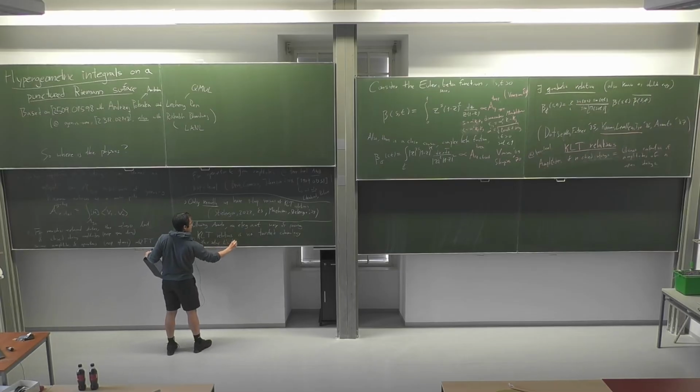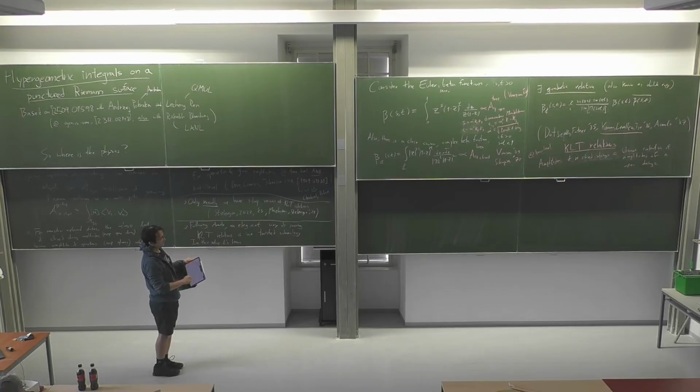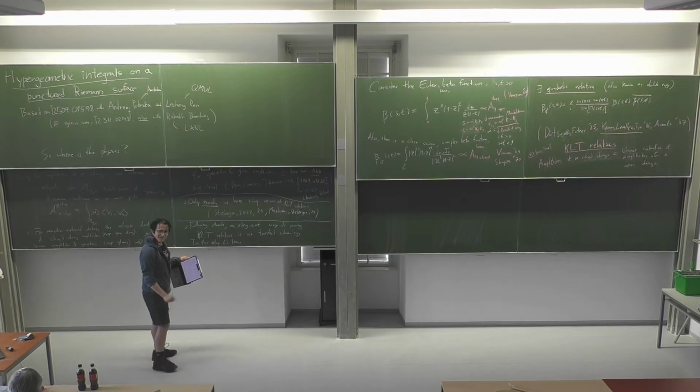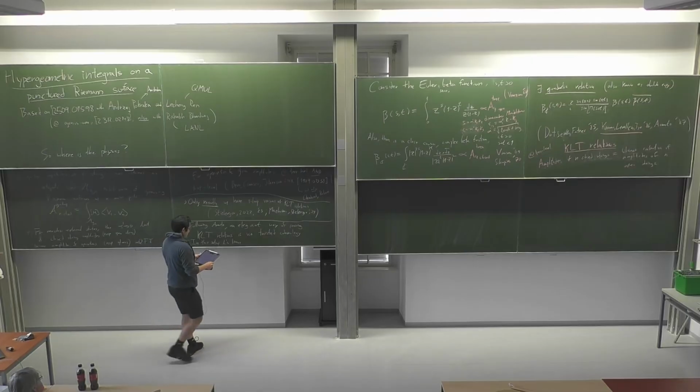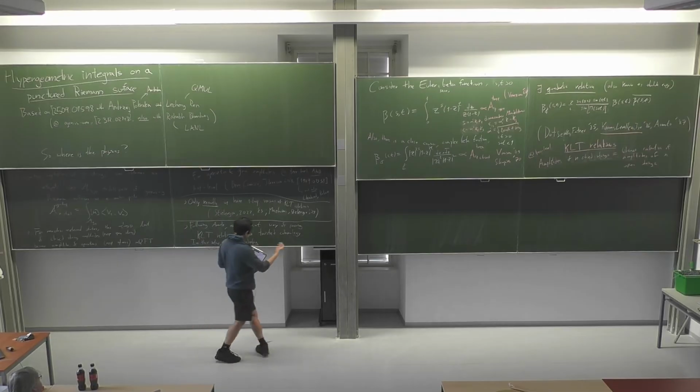Just linear algebra. There are going to be some vector spaces of integrals and vector spaces of integration contours, and there are going to be non-degenerate bilinear pairings among them. So do linear algebra, and you get these quadratic relations. That's the spoiler for the talk. It's all linear algebra, and we all love linear algebra.